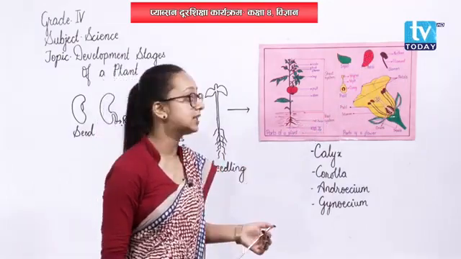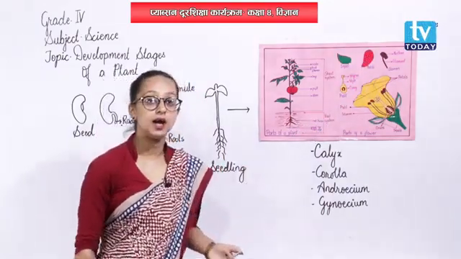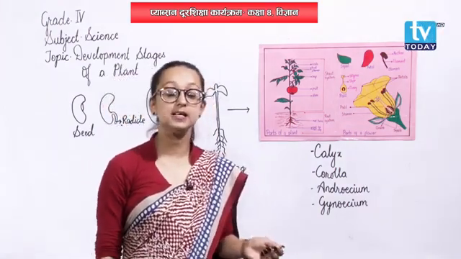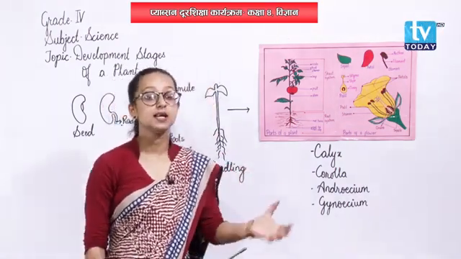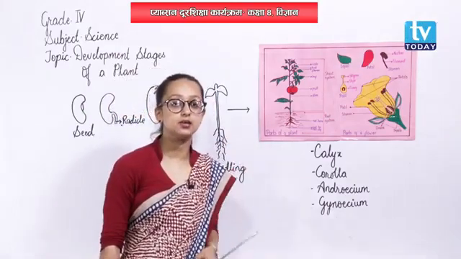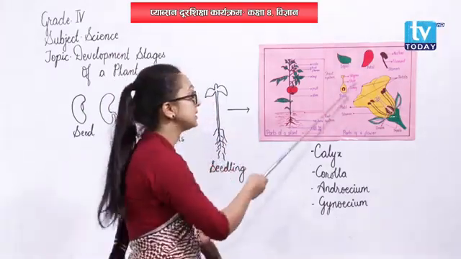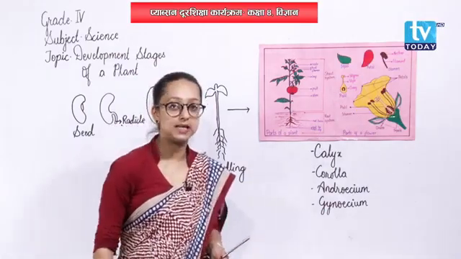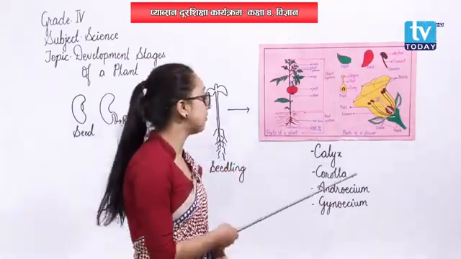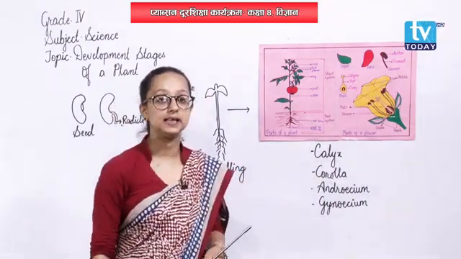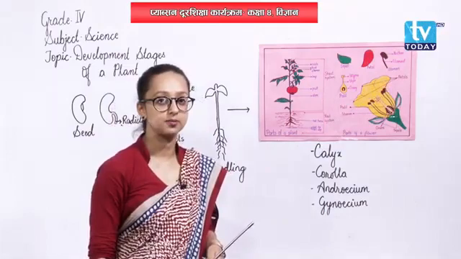Their function is to attract insects for pollination. Due to their attractive colors, insects easily get attracted to them, and whenever insects come, it becomes easier for a flower to pollinate. Okay. That means the function of corolla, the function of petals, is to attract insects during pollination.